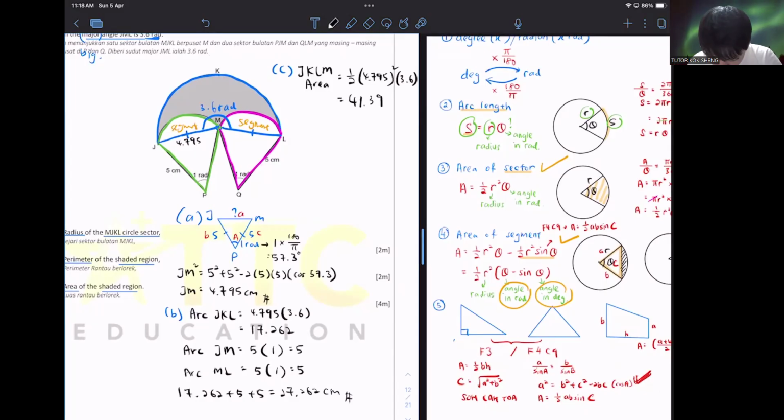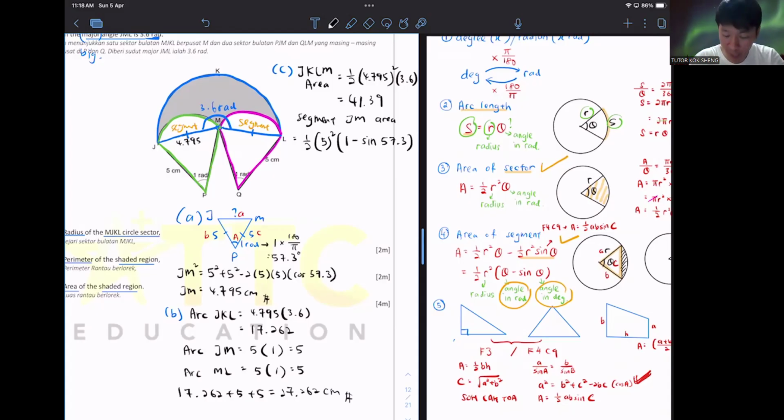Okay, and followed by the green and purple. I start from the green first. Green is the segment JM. One over two, radius is the same, theta is radian first, followed by degree, 57.3.